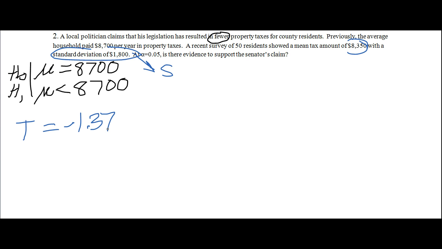Okay, so I'm going to do the same thing we did before. I'm going to make a distribution. Well, it's not a normal distribution anymore, it's a t-distribution, but it's still bell-shaped.